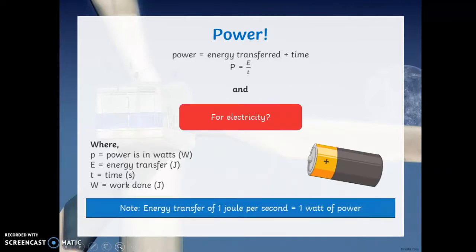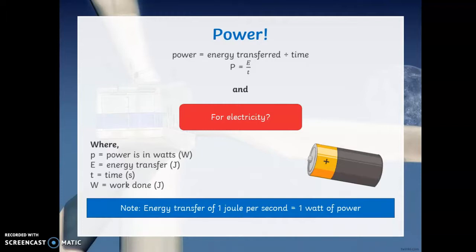And you do need to remember the original equation that you will have done at Key Stage 3. Obviously, we are actually looking at this in terms of electricity, and therefore we will be looking at another equation for this as well.